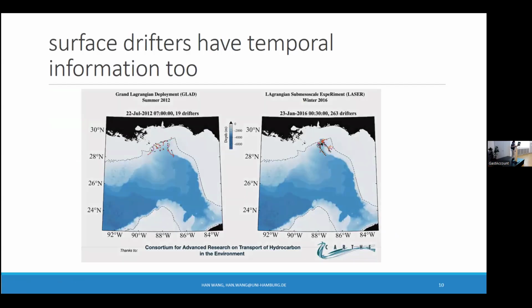Up to this point, I want to remind you again that the surface drifter data have very fine temporal resolution in our case. The temporal sampling rate is at least every 15 minutes. That's the data product we use. So you can see the internal wave impacts very well in this data.